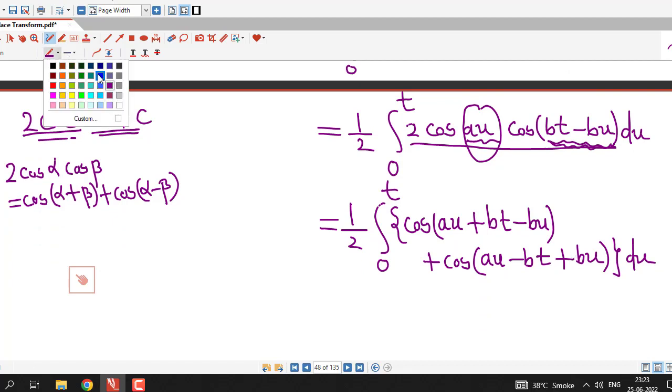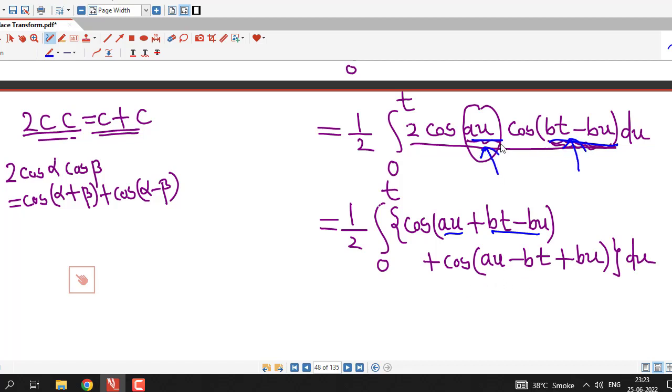So you can understand we are using this formula with alpha equal to a into u, beta equal to bt minus bu. So first we add these two angles, that is a into u plus bt minus bu, and we subtract this angle from this angle, so that is au minus bt plus bu.